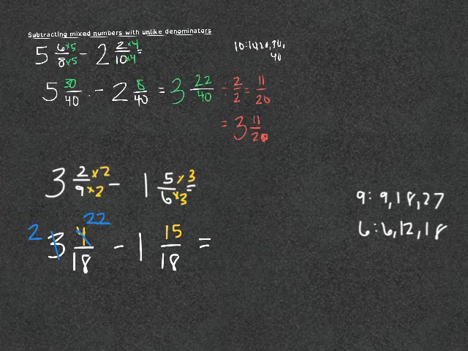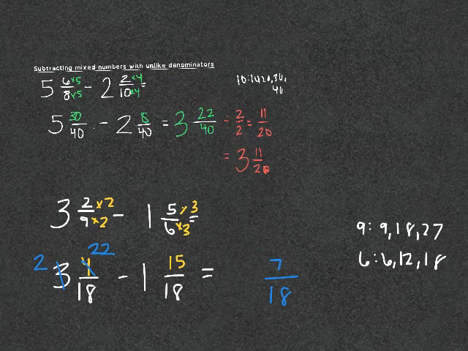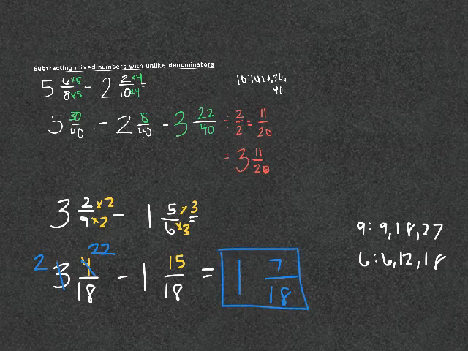It becomes an improper fraction, but this way we're able to do the subtraction. So 22/18 minus 15/18 is 7/18. And then 2 wholes minus 1 is 1. So our answer is 1 and 7/18. So when we want to regroup, we take 1 away from the whole and we add our denominator to our numerator. And then we're able to subtract.